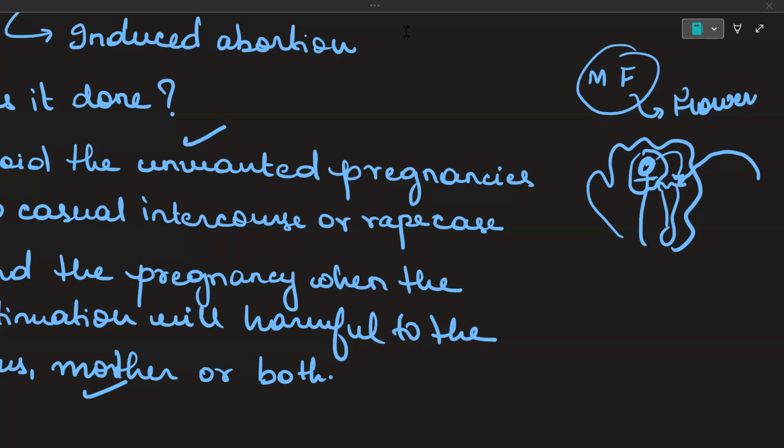What are those methods by which pregnancy can be delayed? Other than the surgical and the physical method, what are the other methods of contraception? Oral contraceptives. Okay, correct. And they are in the form of? They're in the form of pills.